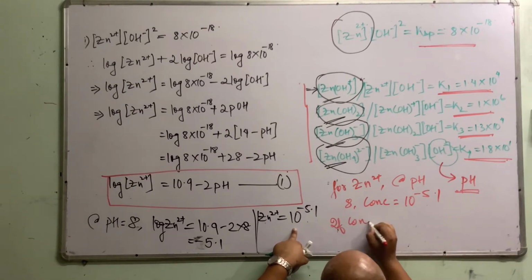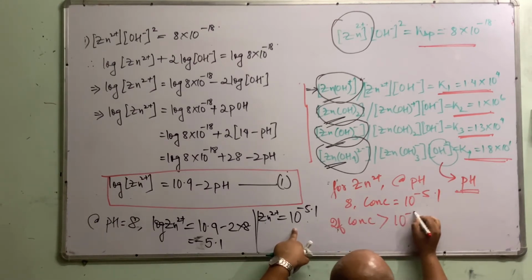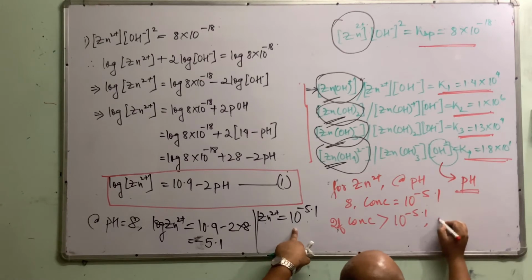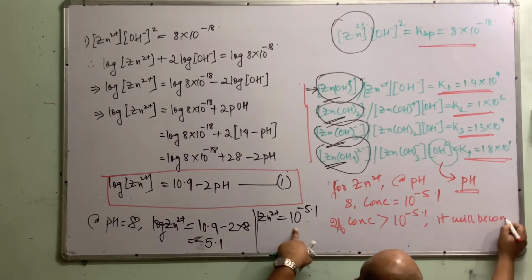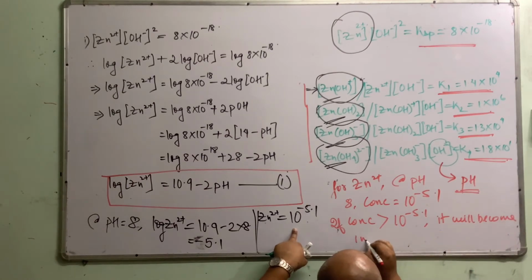If concentration is greater than 10 to the power minus 5.1, it will be precipitated. It will become insoluble or precipitate.